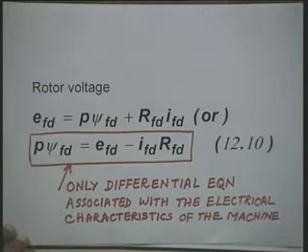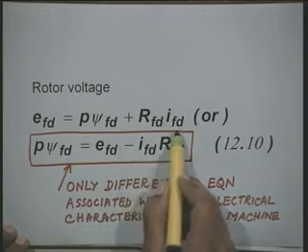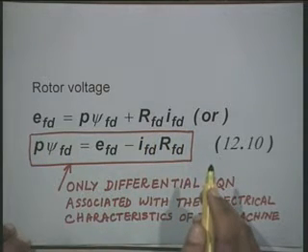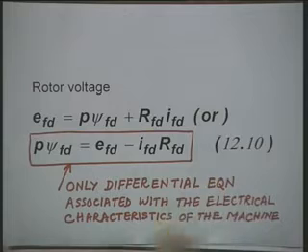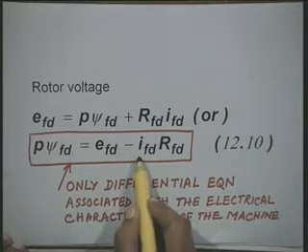The rotor circuit, the equations related to the amortisseurs, we have neglected. Then we are left only with one differential equation, that is EFD equal to P psi FD plus RFD IFD. This equation corresponds to the field circuit of the synchronous generator. Now, this can be written in this form, P psi FD equal to EFD minus IFD RFD.